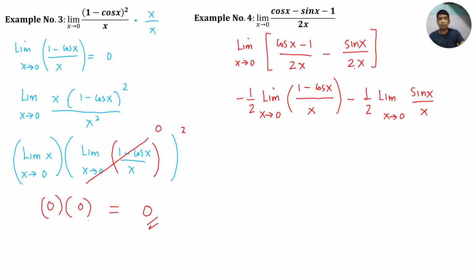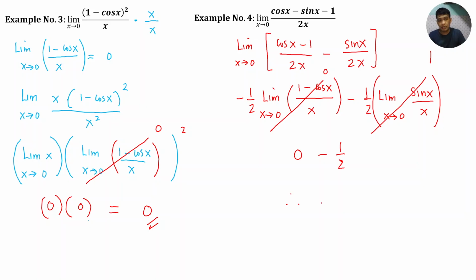So we know for a fact na kapag may constant, ilalabas lang natin siya dun sa limit operation. This is equal to 1. This is equal to 0. So negative 1 half times 0 is 0. Negative 1 half times 1 is negative 1 half.